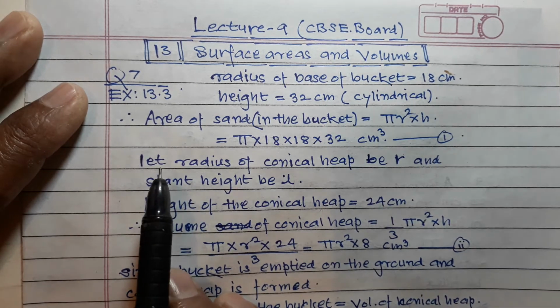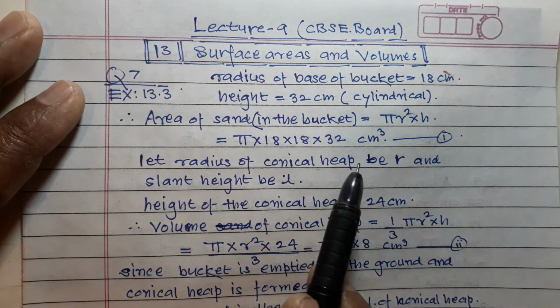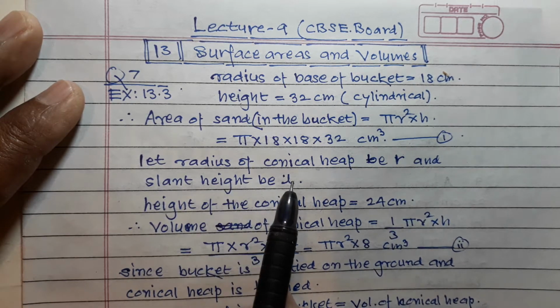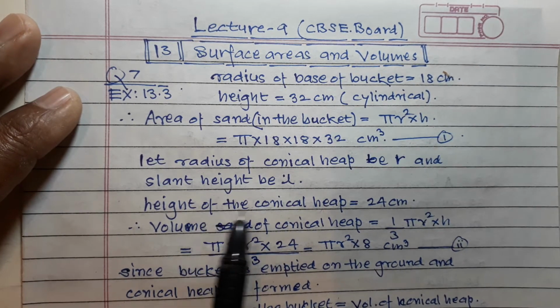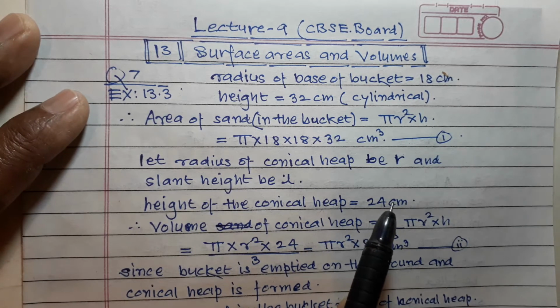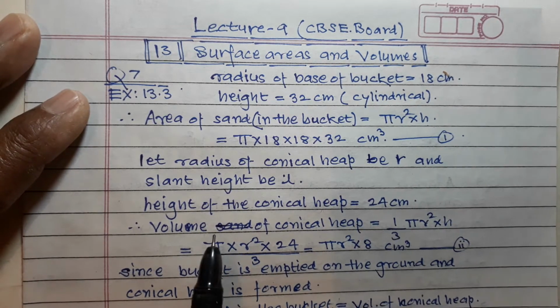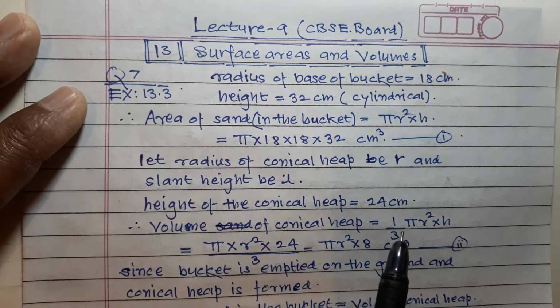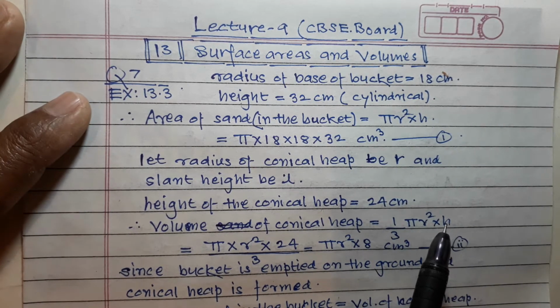Okay, let radius of conical heap be r and slant height be l. Height of the conical heap is equal to 24 centimeter, given, and therefore volume of conical heap is equal to 1 upon 3 pi r square into h.